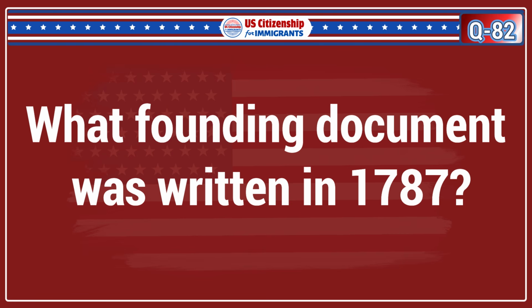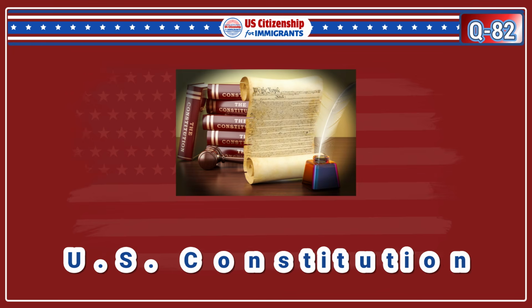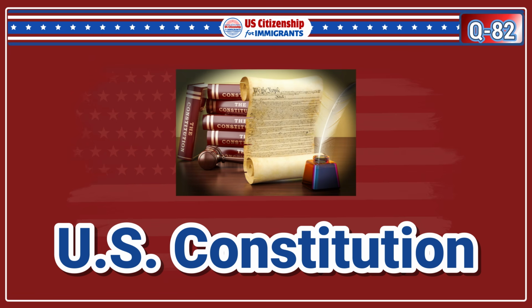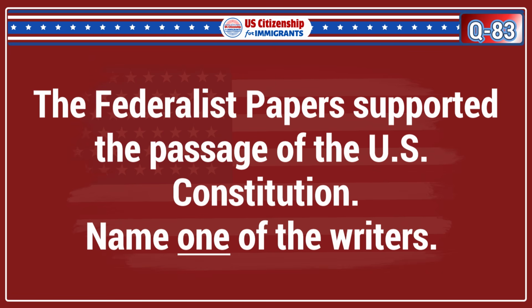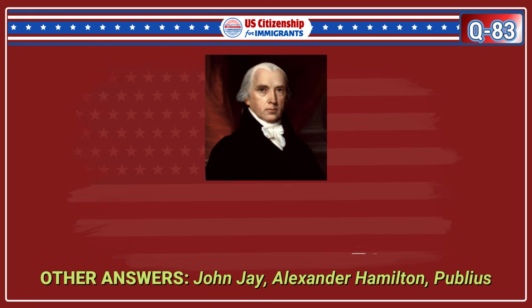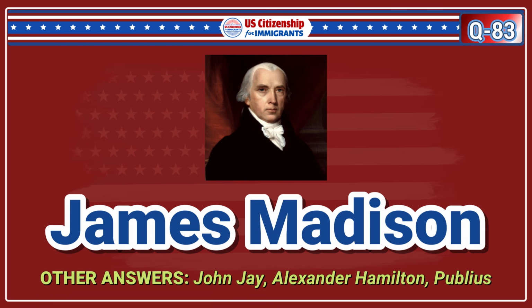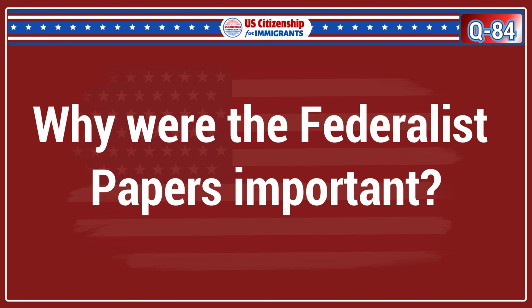82. What founding document was written in 1787? U.S. Constitution. 83. The Federalist Papers supported the passage of the U.S. Constitution. Name one of the writers. James Madison. 84. Why were the Federalist Papers important?